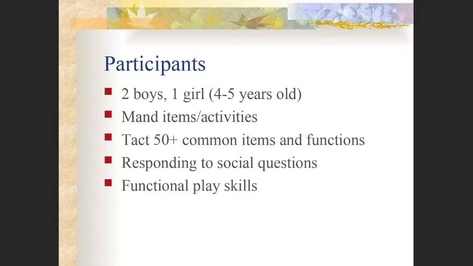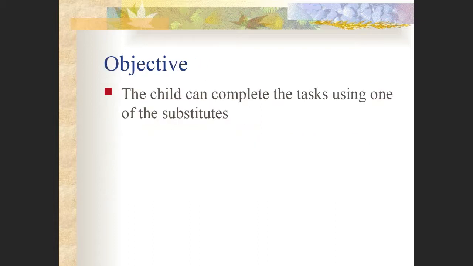They also responded to social questions, even though they could not maintain a conversation. But if you ask them questions, they could answer. And they all have functional play skills.